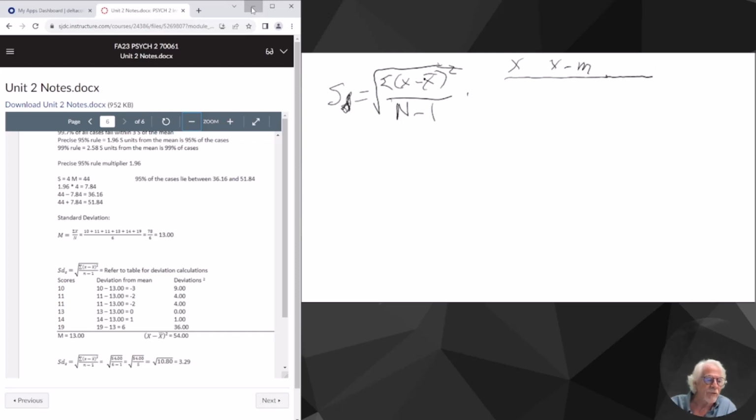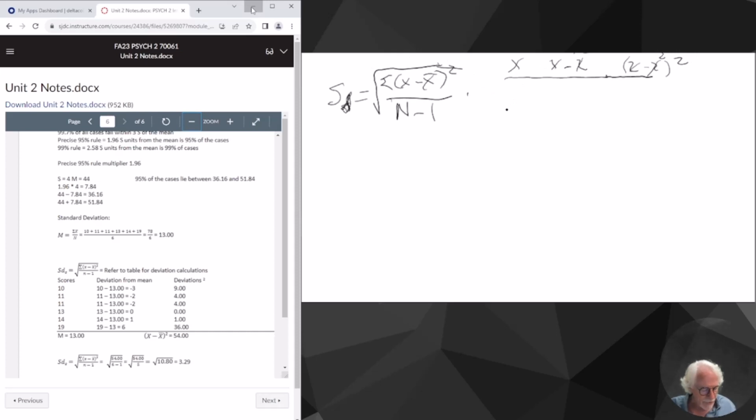Oh, and I should use the same symbols. That's my fault, I should be consistent. So this is x bar, and this is x squared.